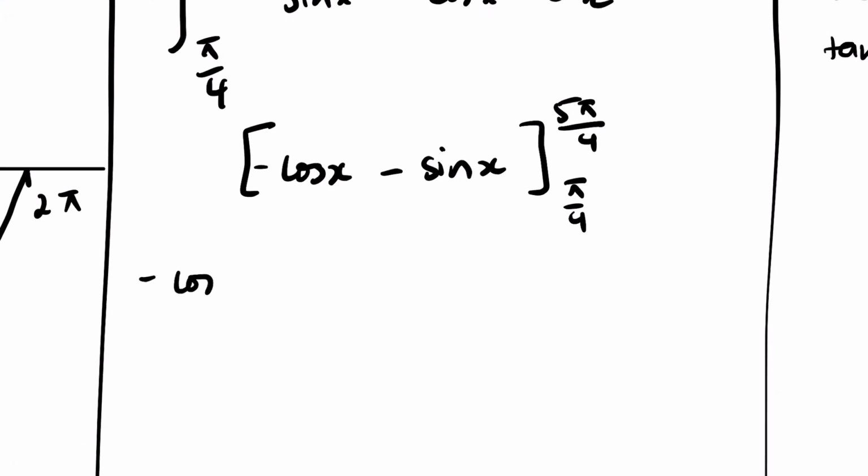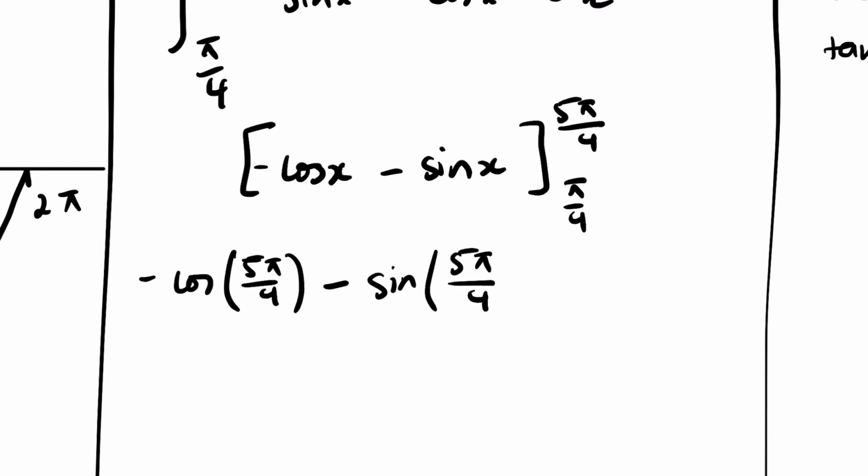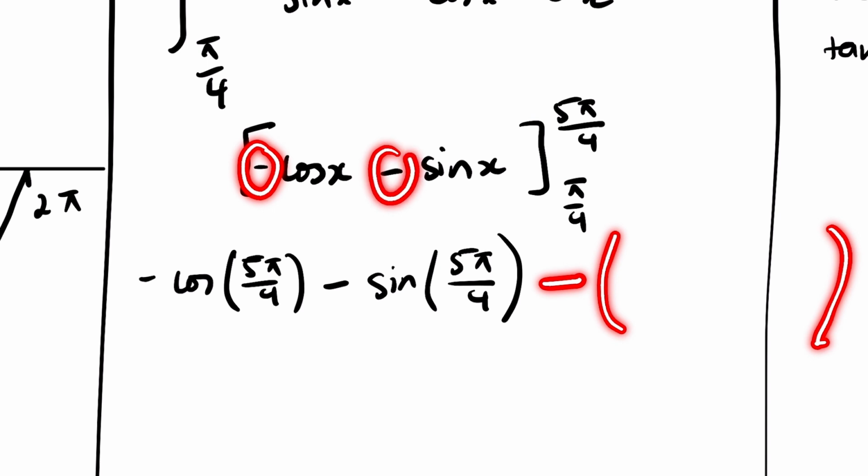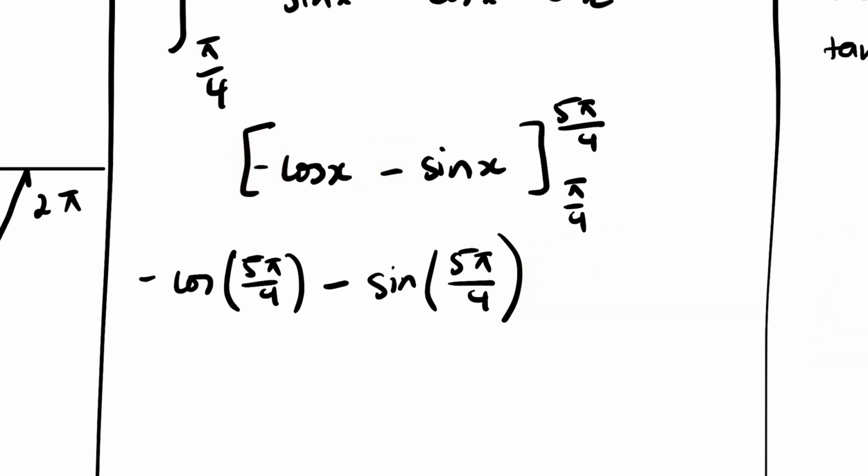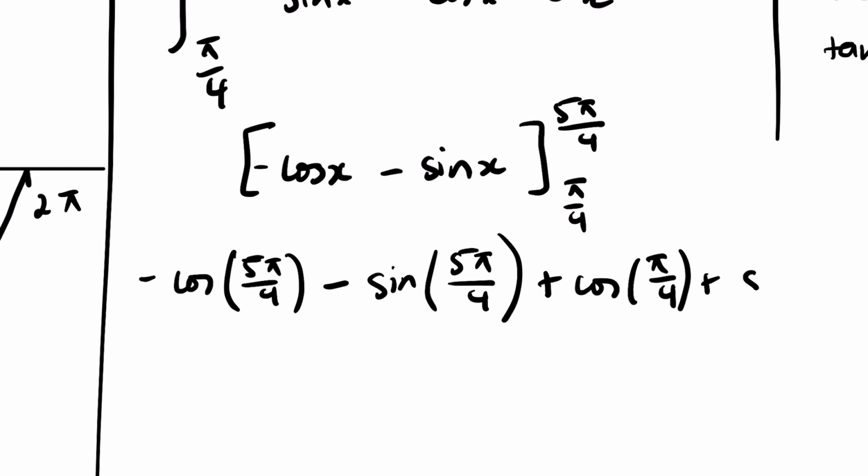So I have negative cos 5 pi on 4 minus sine 5 pi on 4. Now this is going to get confusing because remember there's a negative on the outside of all of this, and then consider these are both negative, so the negative and negative, everything is going to be a positive. So it'll be plus cos pi on 4 plus sine pi on 4.